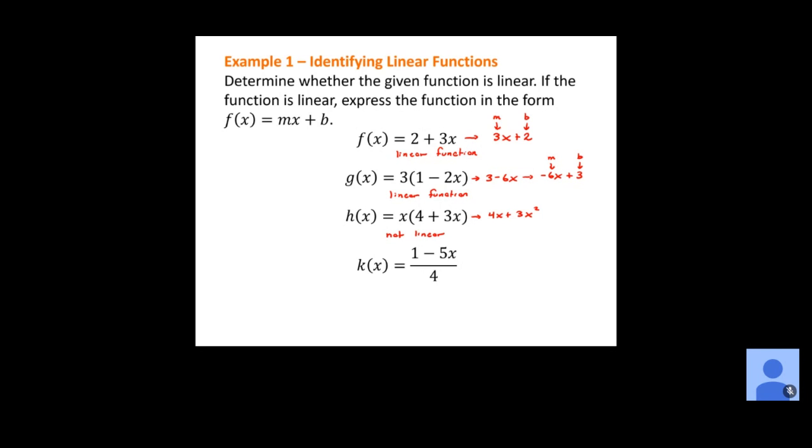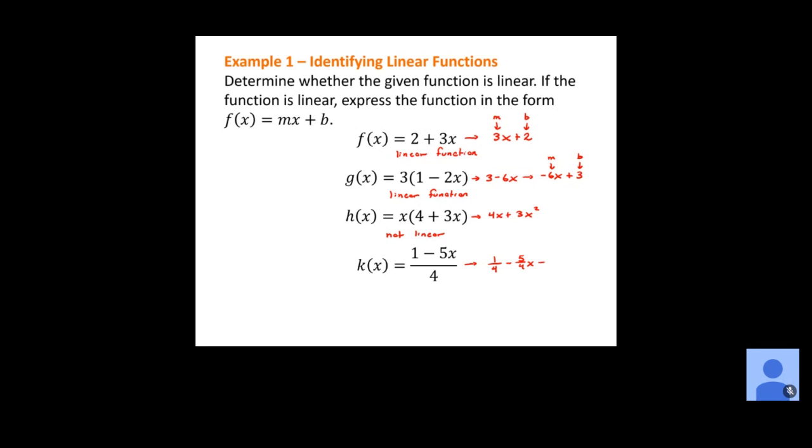All right, and then the last one here, the first thing I'm going to do is simplify what we've got here. I can take each of my terms and divide them by 4. And if I do that, that's going to give us 1 over 4 minus 5 over 4 times x. Notice here we do just have an x to the first power.